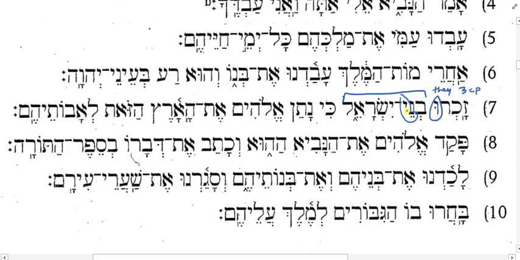So "the sons of Israel remembered" is also a good possibility, right? And then if I've got ki, ki could be "because," but ki could also be "that," in which case this is going to be the object of zachar.